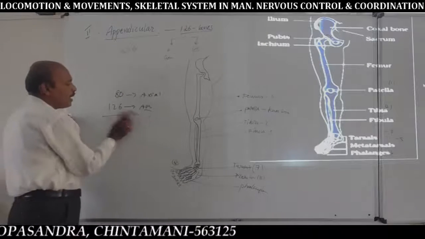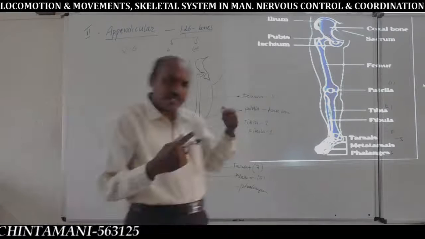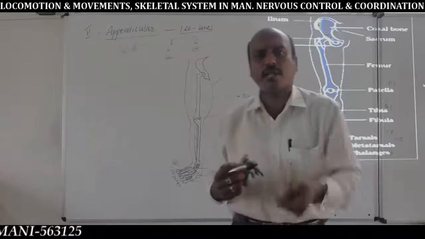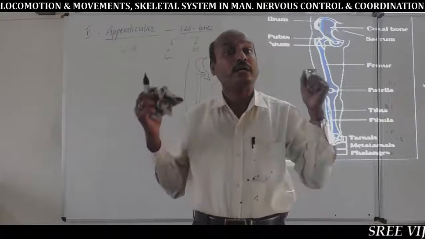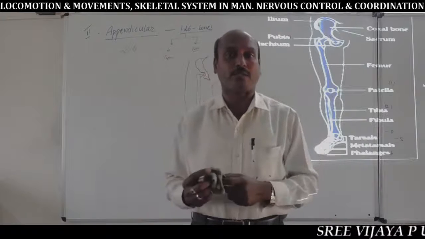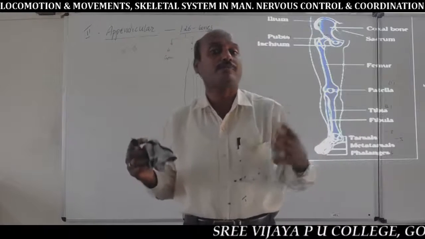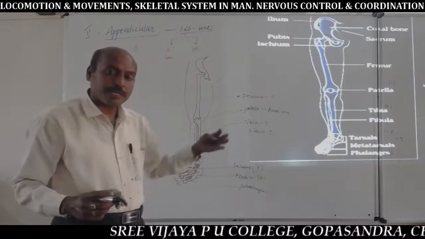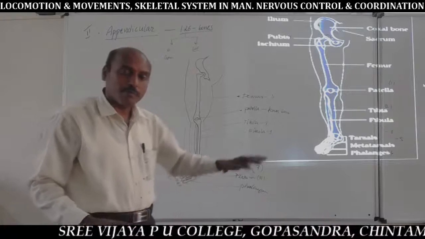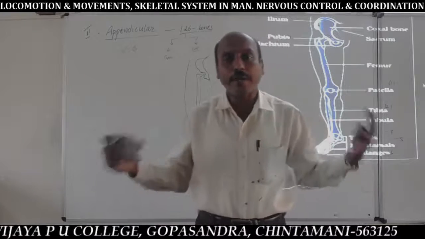Now, all these 206 bones are connected to one another by different types of joints, never the same kind of joints. But yes, joints play an important role in the movement of the body, or locomotion, or movements of body parts.